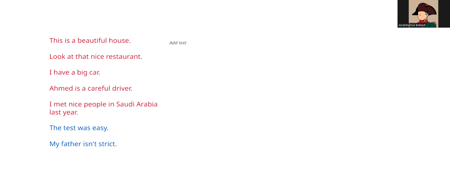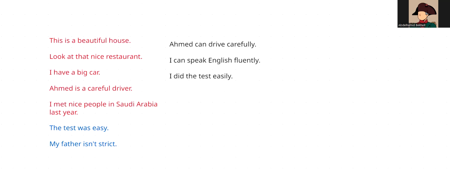You can say, I did the test easily. So we don't have verb to be here. We have other verbs. We have drive, speak, did. The verb can be in the past, in present, in future. So we use carefully, fluently, easily.